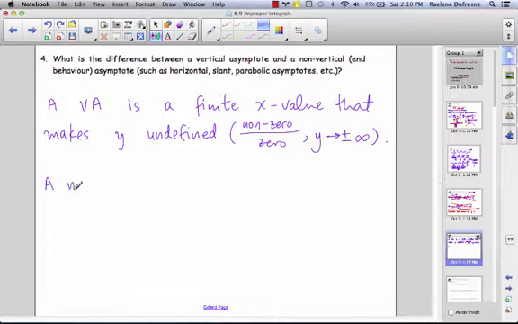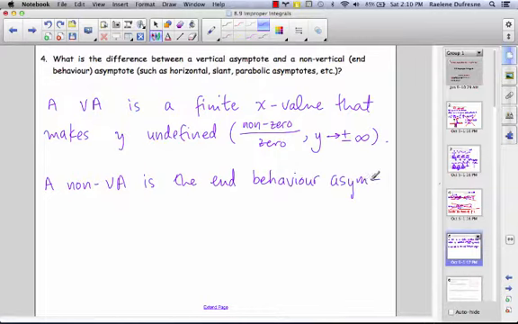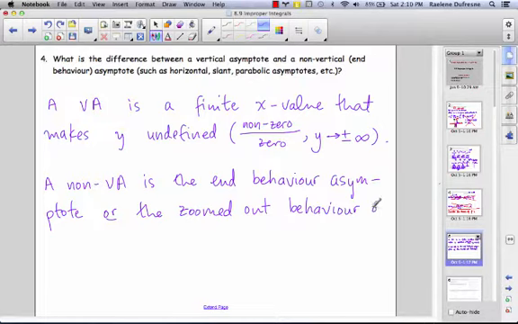Meanwhile, a non-vertical asymptote is the end behavior asymptote, or the zoomed out behavior of a function.